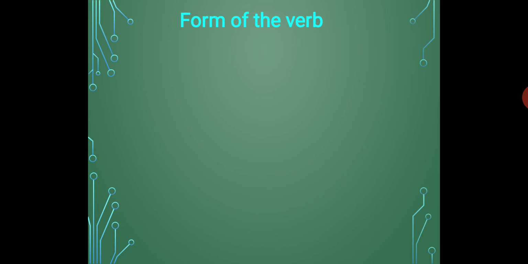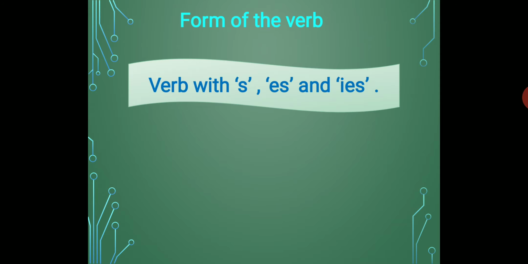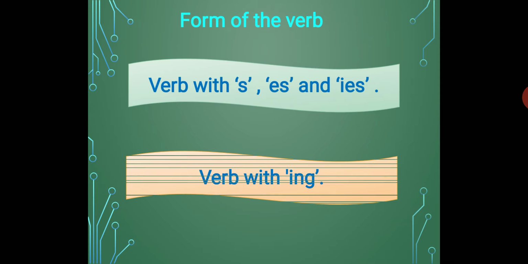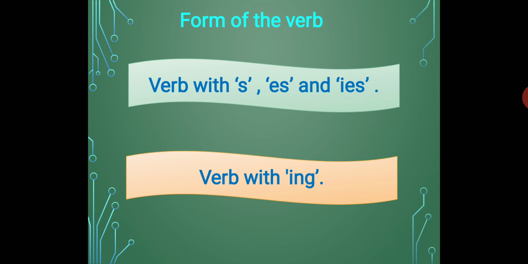As we know, there are two forms of the verbs: with s, es and ies, and the second form is verb with ing. We already learned about the verbs with s, es and ies in our previous lecture, and today we are going to learn about the verb with ing form.